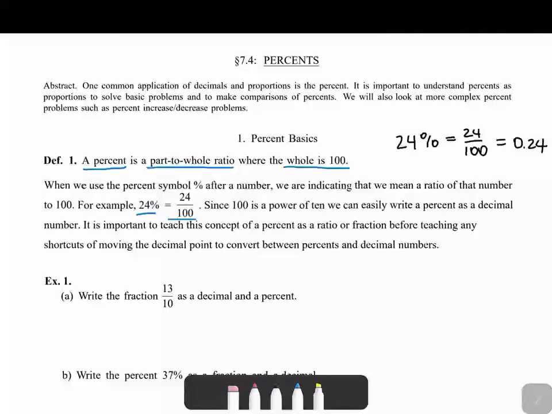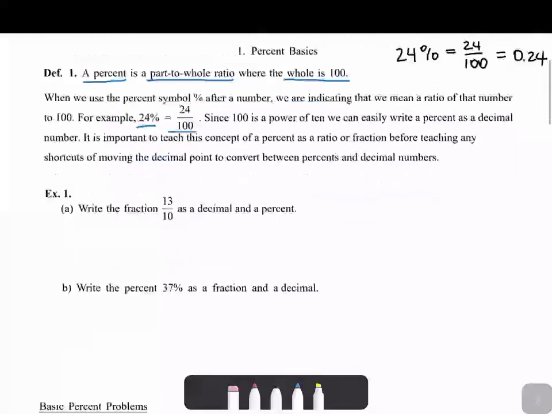So it's important to make sure that your students know that the definition of a percent is a ratio. Just because we convert between these things really frequently, make sure that you know what the actual definition is. Like I said, we convert between these three things a lot, so there are a lot of examples of this on page 277 of the book, example 1 and example 2.